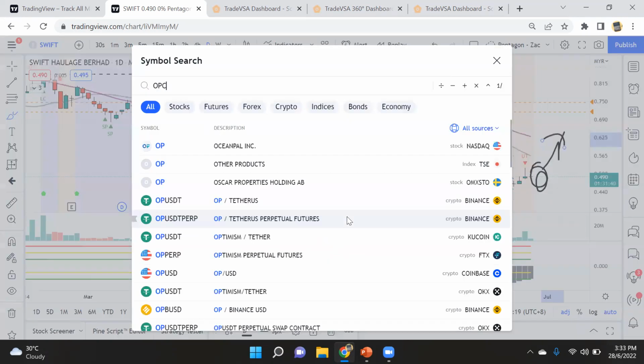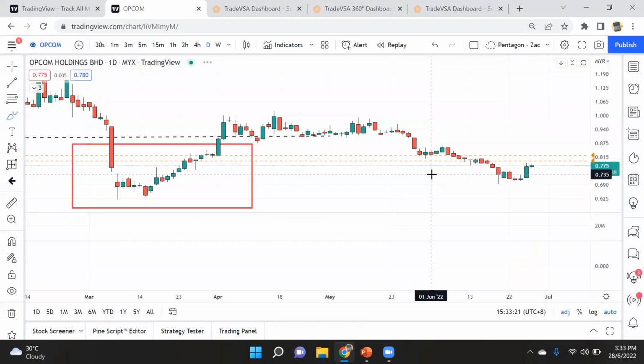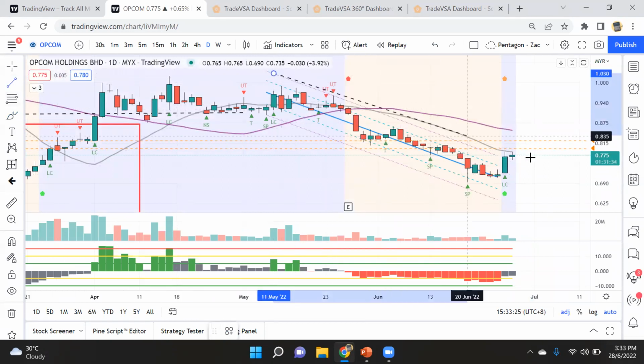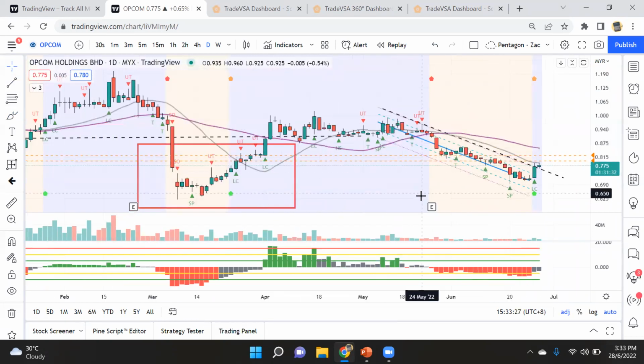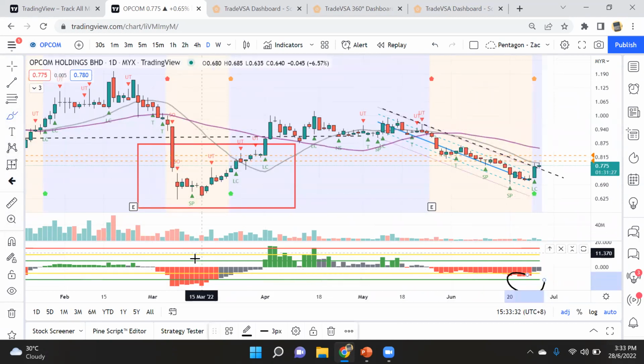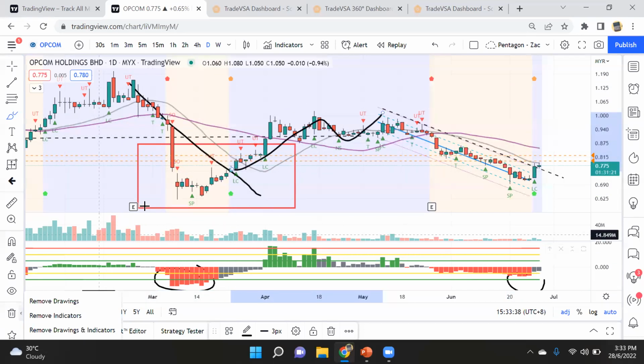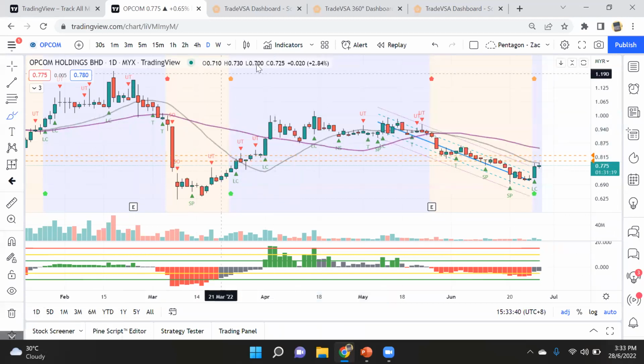Opcom is one of them. Notice here, Opcom, the background didn't come with a big sell-off. Here we got one. After it crossed the trend line, price was able to move higher. If I erase all and go to replay, I put back these green pentagons.